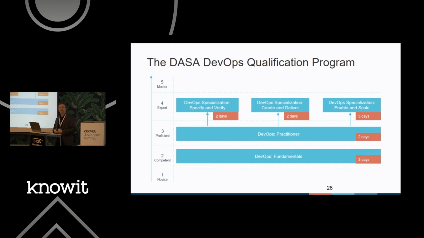Now there's obviously a career path there for different kinds of people. For developers and testers, it would be the create and deliver path. For people like business POs, it would be up here to specify and verify. For people in management leadership, it would be the enable and scale specialization.